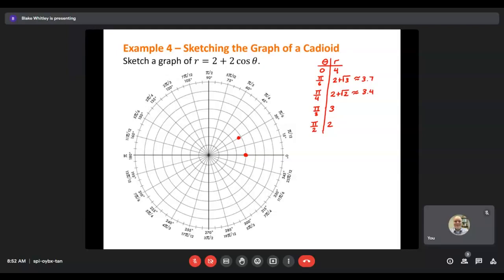Pi over 4, we're somewhere between 3 and 4, closer to the 3, so right in here. Pi over 3, our radius is exactly 3, so we're going to be right on that circle. And at pi over 2, our radius is 2, so we're going to be right on that circle.